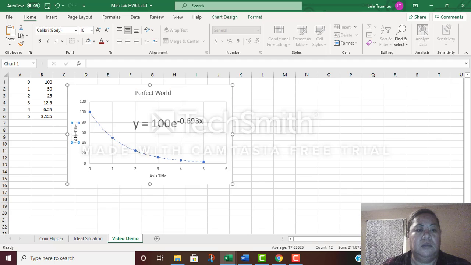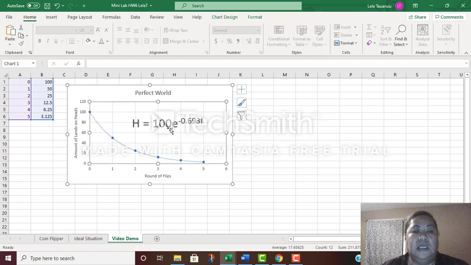My Y value, the amount of lands on heads, and then our X value, the round of flips. Oops. And we'll change our values here as well. F for our X value for the round of flips. And then Y value, change that to H for heads. And then also displaying the exponential equation.